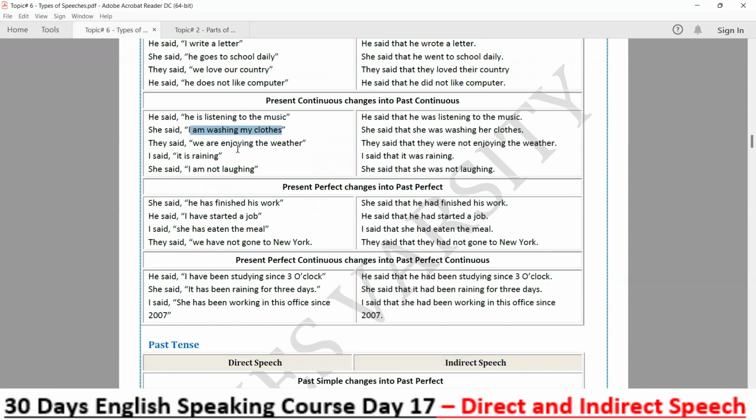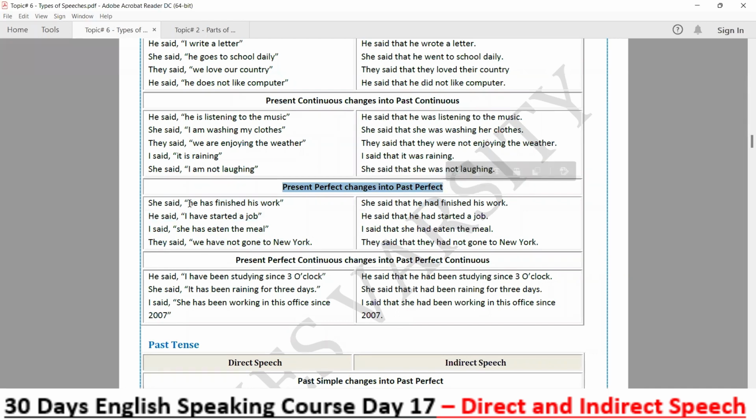Then they said, we are enjoying the weather. And then they said that they were enjoying the weather. So present continuous changes to past continuous. Similarly, present perfect changes to past perfect.